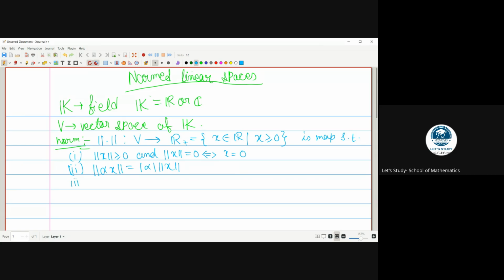Third, norm of x plus y is less than or equal to norm x plus norm y. This last property is known as the triangle inequality.